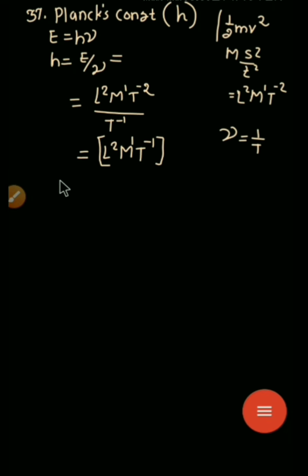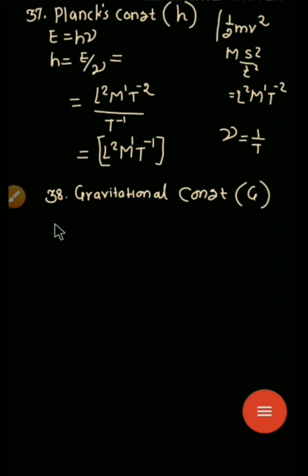Next physical quantity is the gravitational constant, denoted by capital G. We know the formula F is equal to G m1 m2 upon r square.